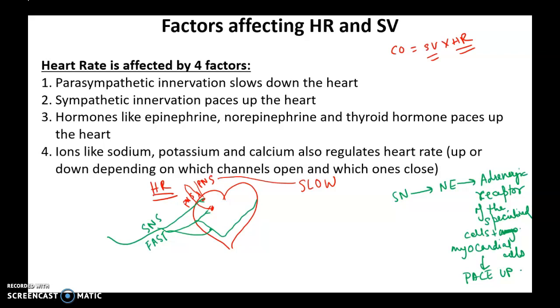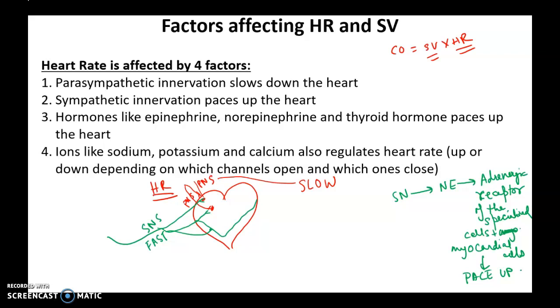Okay. All right, cool. And then the parasympathetic system, then after 10 minutes, your heart calms down, right? And that's because the parasympathetic system then takes over and helps it to slow down.